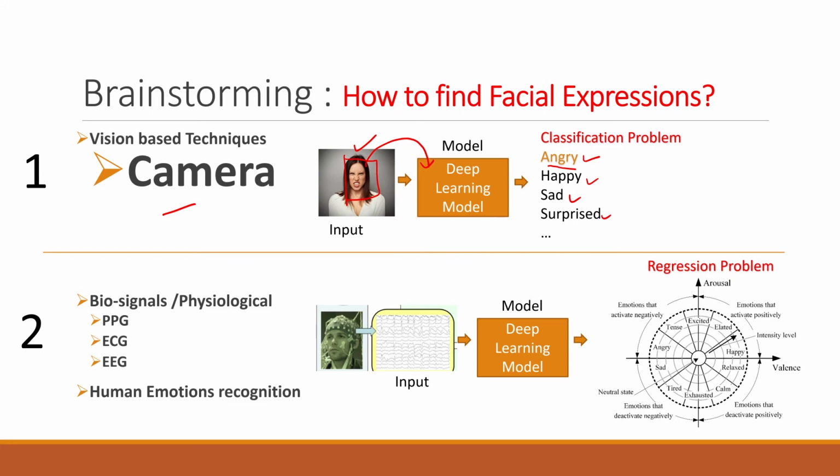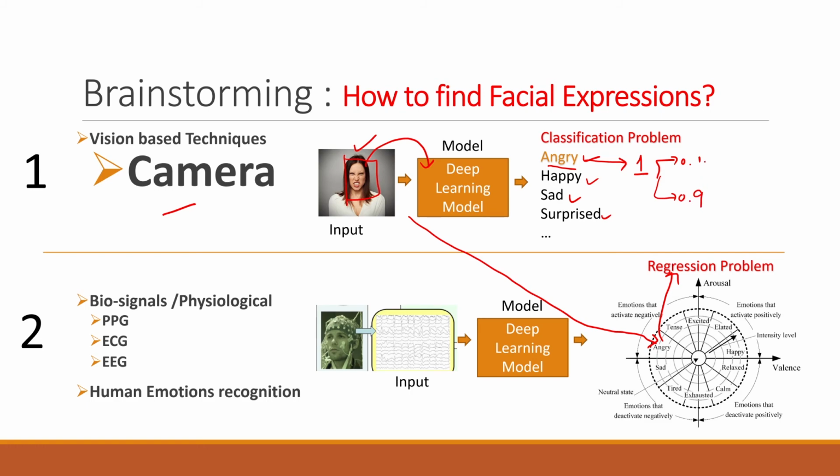In this scenario, biosignals are the best solution. Using biosignals, we can also identify the intensity level of the angriness. Once we divide further the level of the angriness, this is called a regression problem. For example, if a person is angry and we call it 1, the lowest level is 0.1 and the highest level is 0.9 or 1.